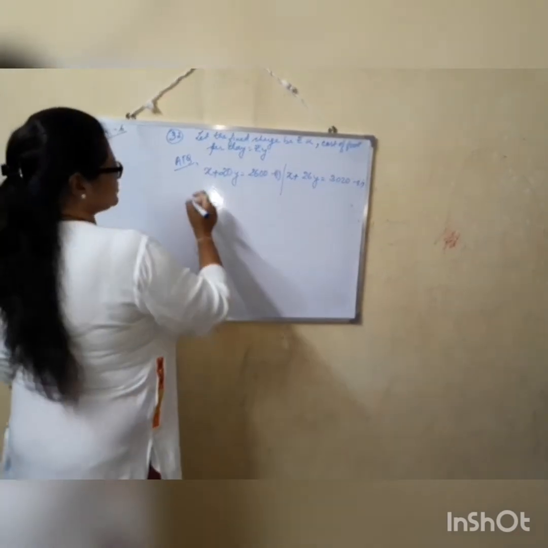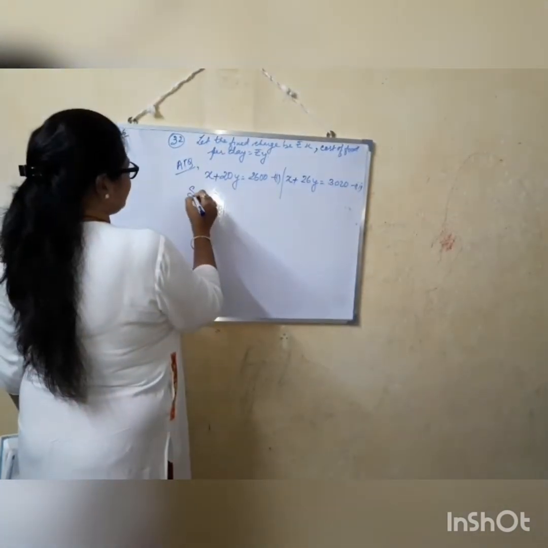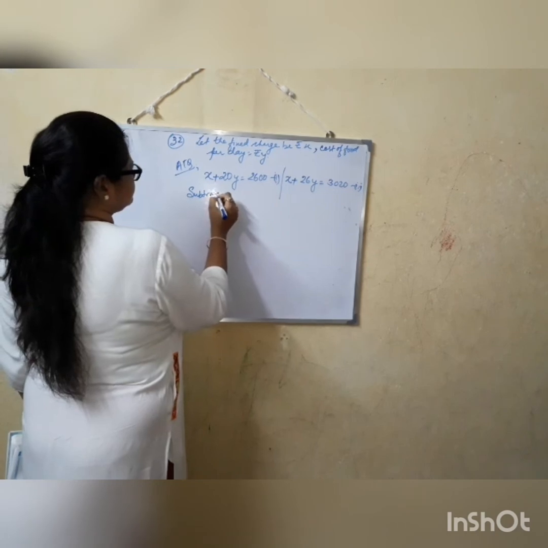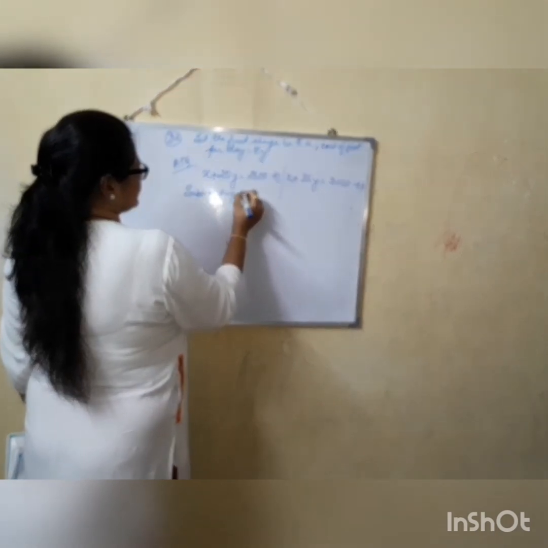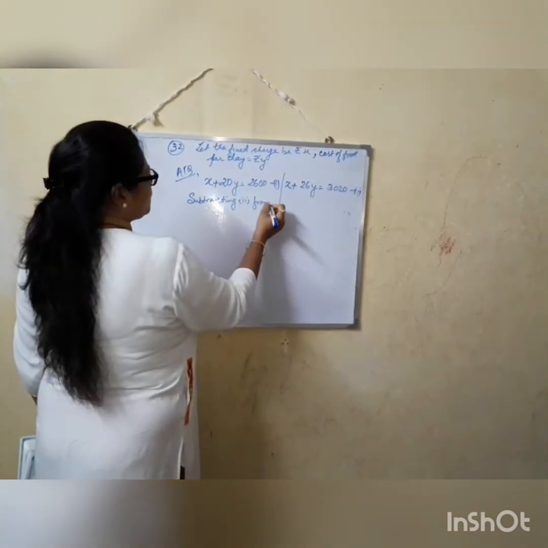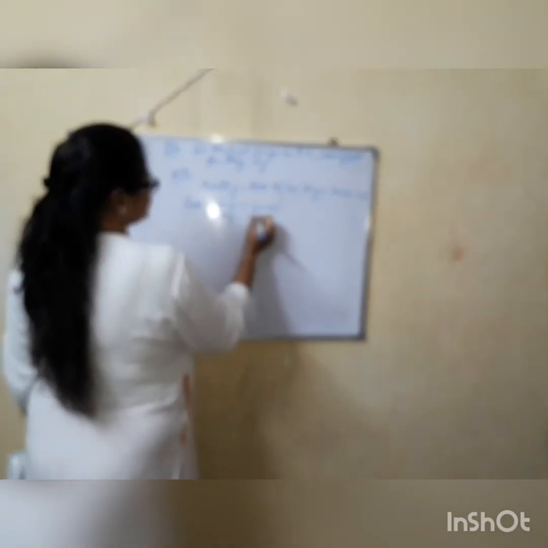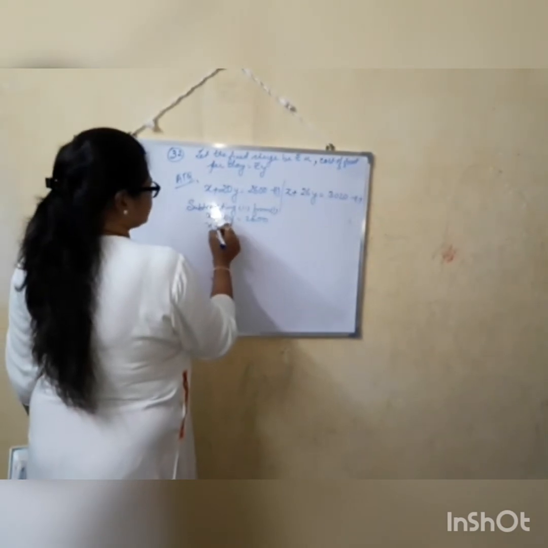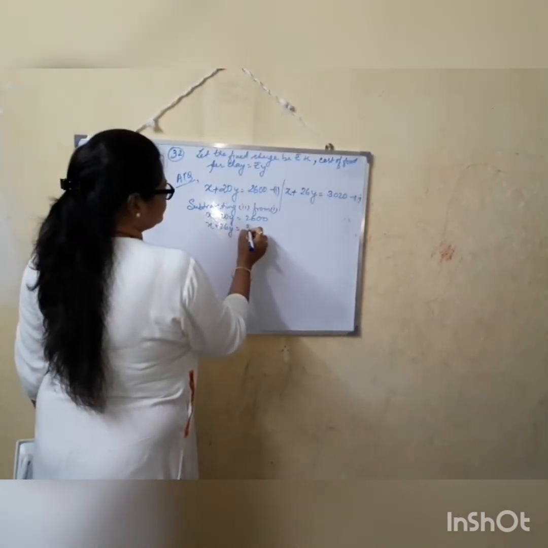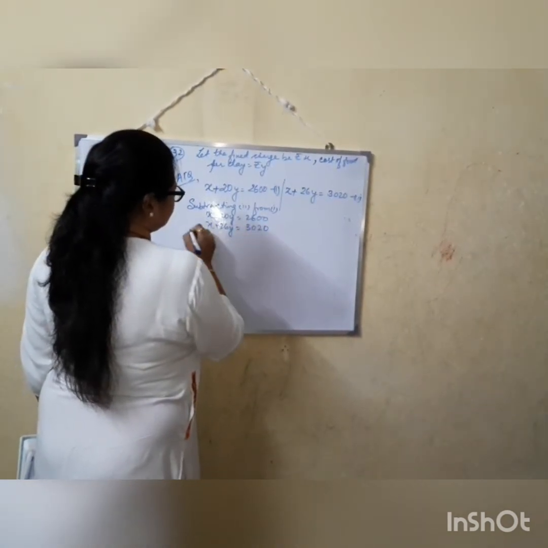Alright. So what we do? We subtract 2 from 1. X plus 20y equal to 2600. X plus 26y equal to 3020.